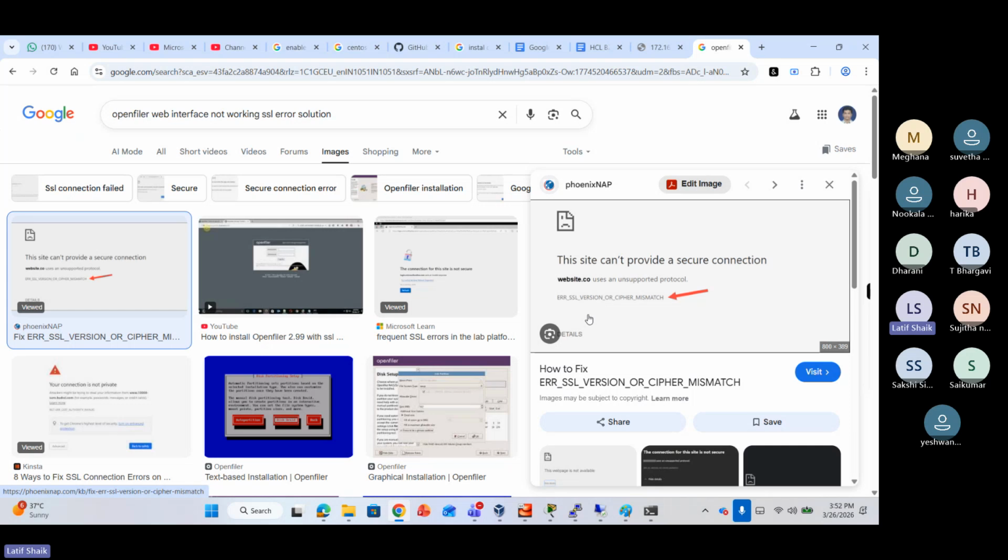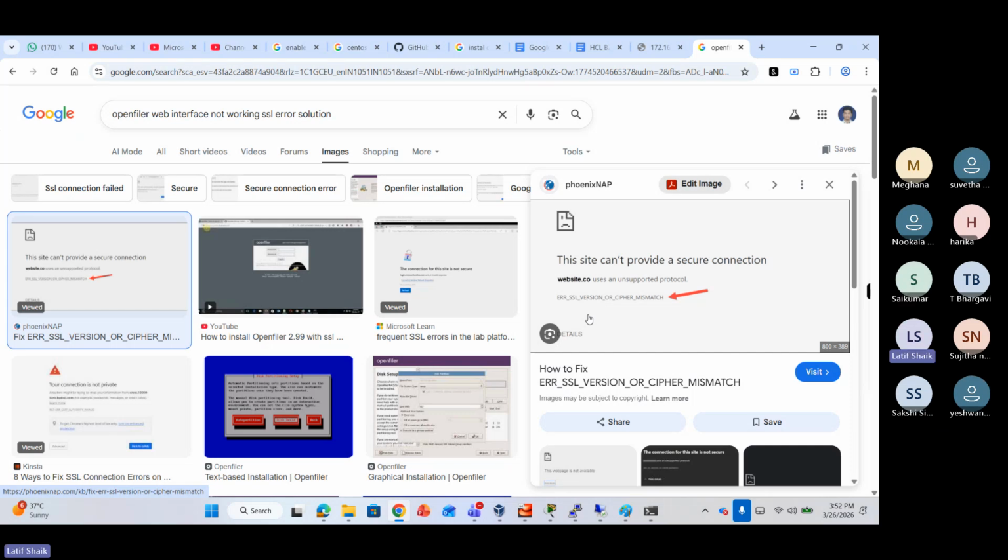The SSL encryption certificate or key has a validity. It is valid for a certain period of time only: 3 years, 4 years, 5 years, 10 years, 100 years, depending upon the organization. For HTTPS websites, at the backend there are encryption certificates or keys valid for a certain period of time. Once the validity is completed, you can't access it, and you will get this kind of error.